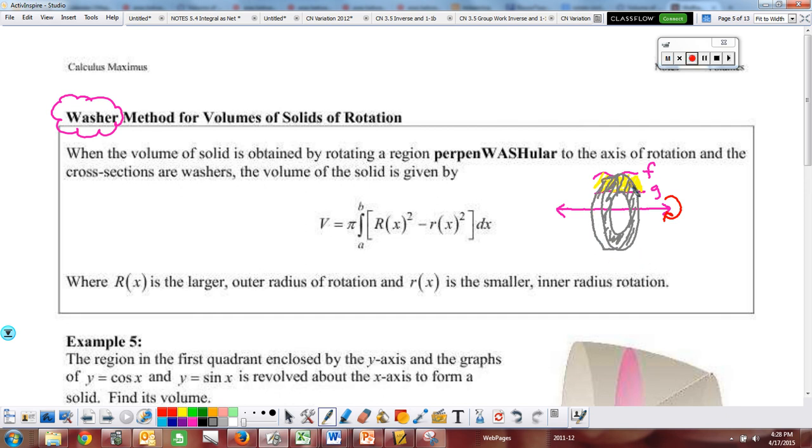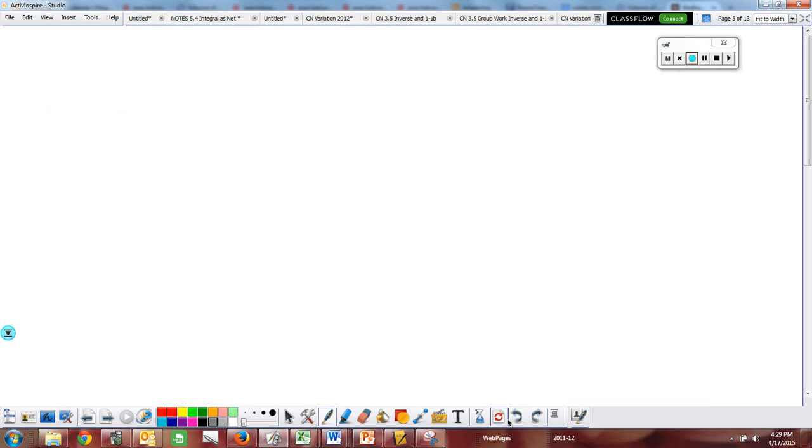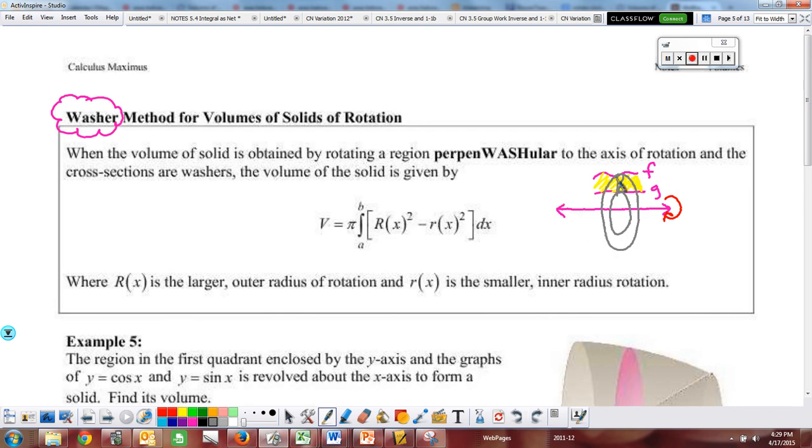Actually, let me do this, because I like to have some shading in for that. Alright, so let's put my width in. So that's solid, and then maybe that will help you see what we're looking at. We have a solid washer, and my washer has a hole in it.